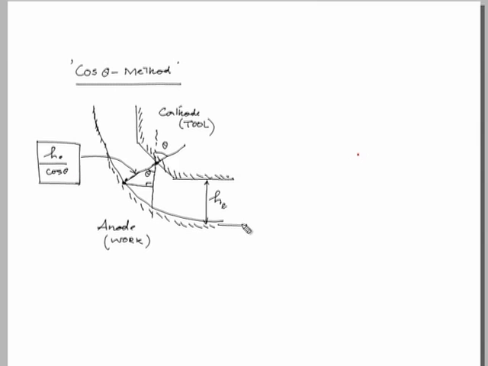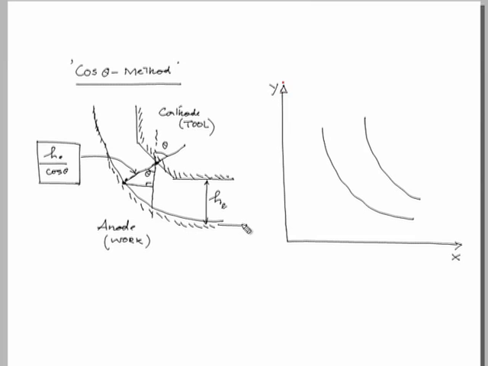Now, let us consider it in this way. We are operating inside a frame of x and y, and as usual this is the cathode, which is the tool itself, and this is the anode, which is nothing but the work.